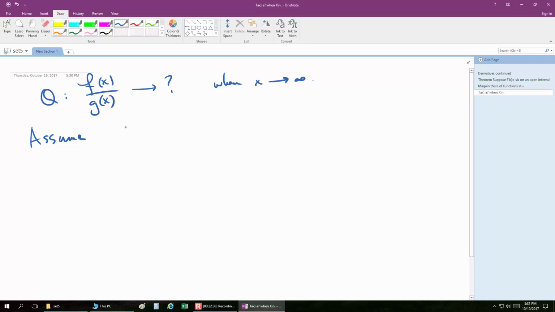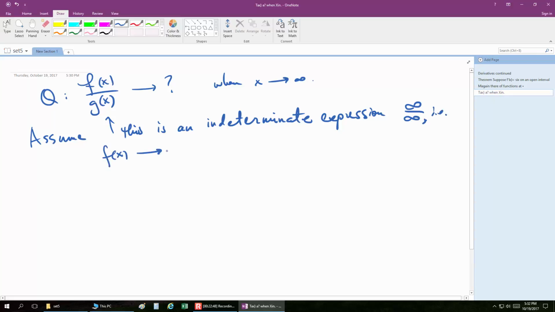So what we assume is that this is an indeterminate expression, infinity over infinity. In other words, f of x goes to infinity as x goes to infinity, as well as g of x.